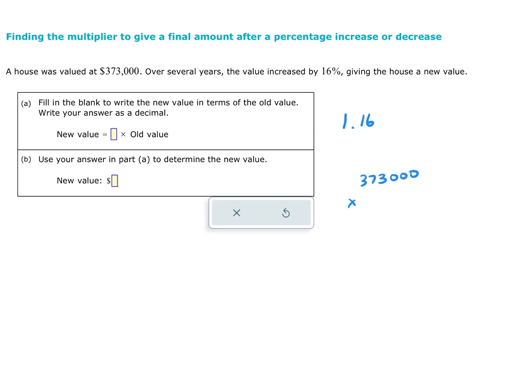Now I could just multiply this by 373 and then stick the 1,000 on at the very end, but it's not that difficult to put some zeros on here when I'm multiplying, so I'm just going to go ahead and leave it. 6 times 3 is 18. 42 and 1 is 43. 18 and 4 is 22.